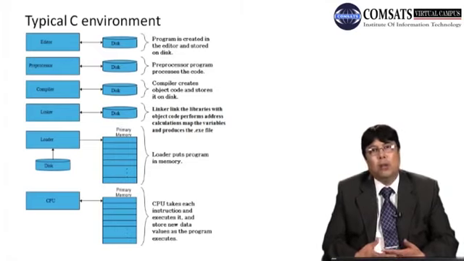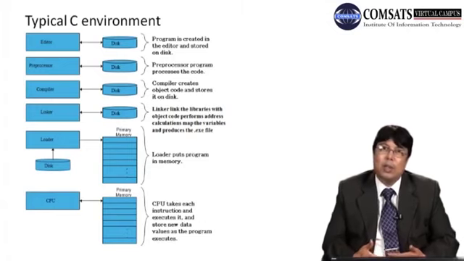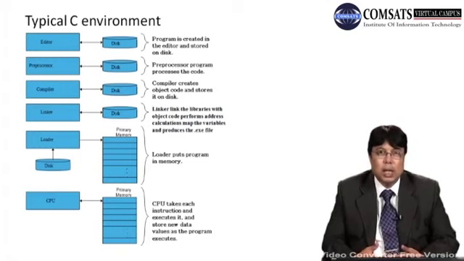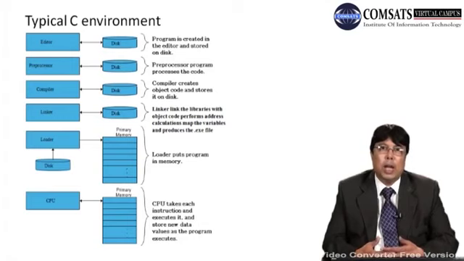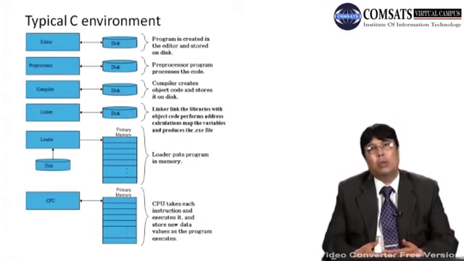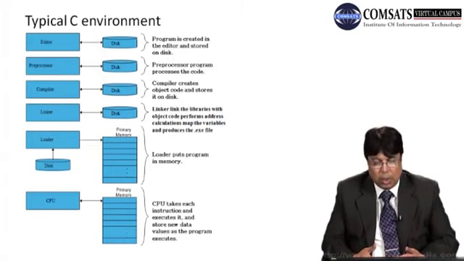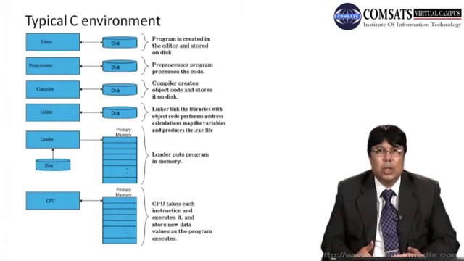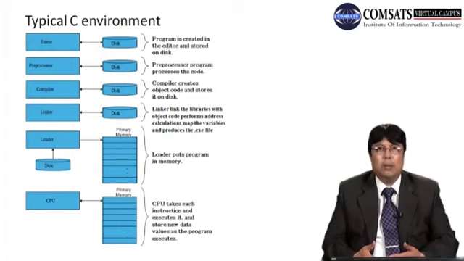Using the compiler you can convert your source code into object code, and that object file you can save onto the disk. Using the linker you can convert the object code into executable code and save it onto the disk. In the future you can use the executable code and you are not required to compile and link again. Then you require a loader. Once again, this facility is available in the IDE environment.